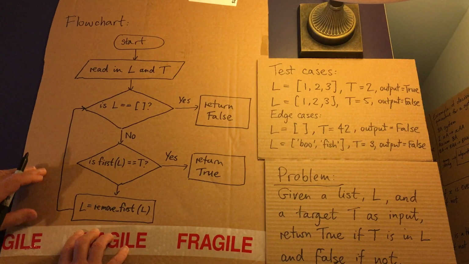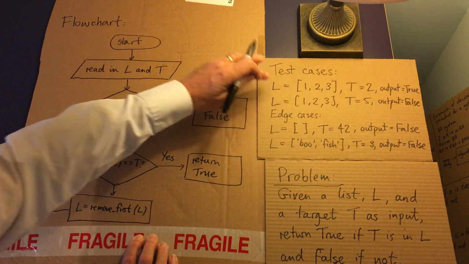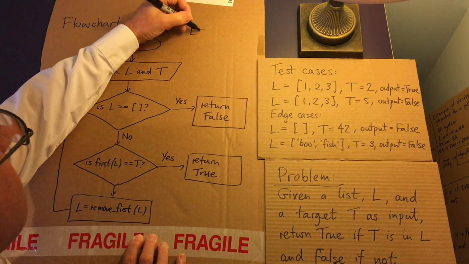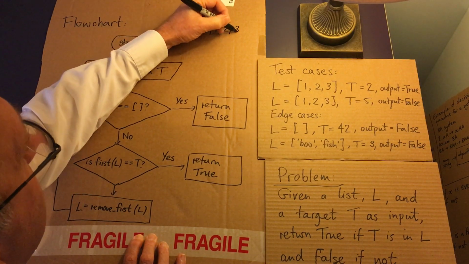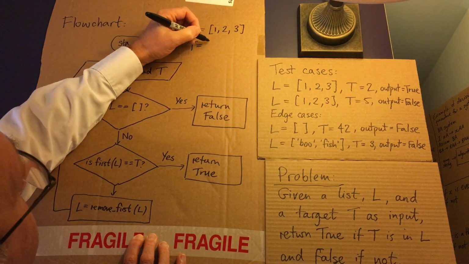And that is probably my whole algorithm, but I'll need to test it now. So let's test it using one of my test cases. I'll take the first test case here. So I'll say, okay, L is equal to 1, 2, 3, and T is equal to 2.